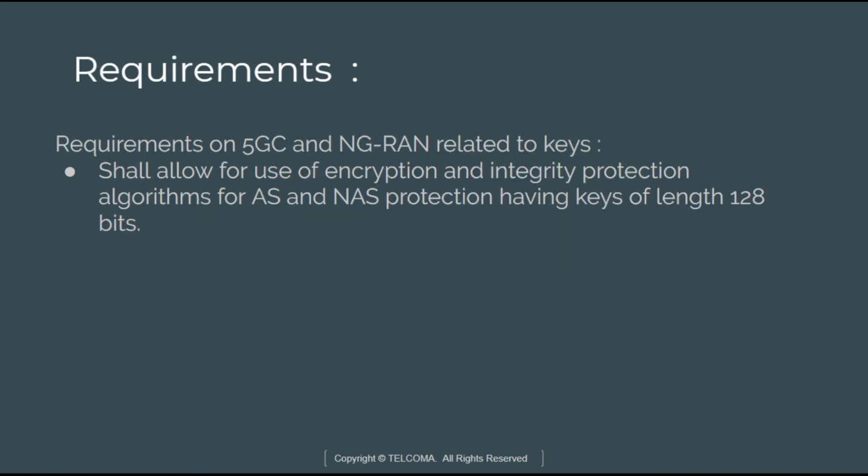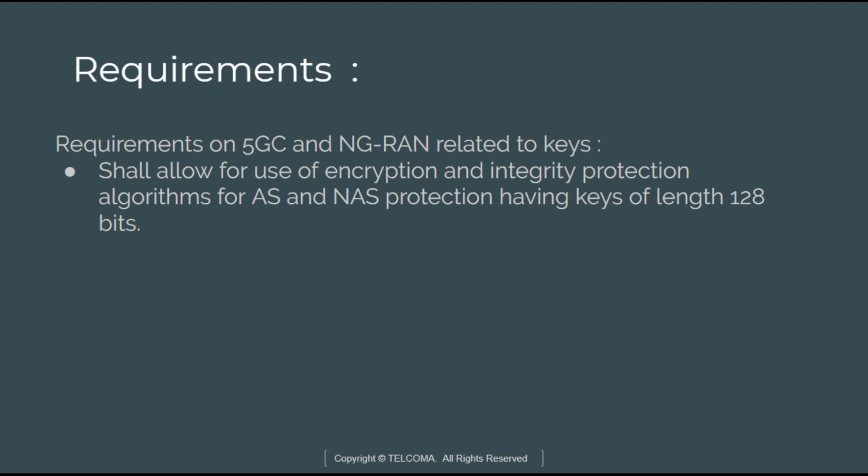So we have some requirements on the 5G core network and the 5G next generation radio access network, which are related to keys. The 5G core and next generation radio access network shall allow for use of encryption and integrity protection algorithms for access stratum and non-access stratum protection, and they have a key length of 128 bits.